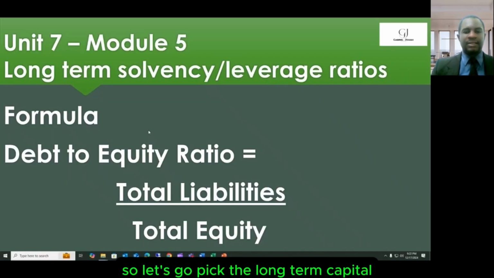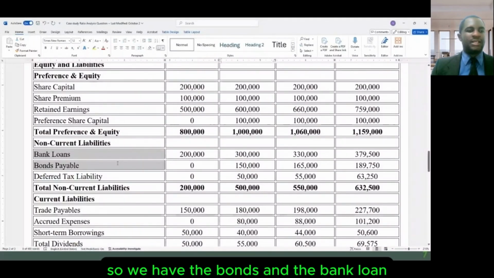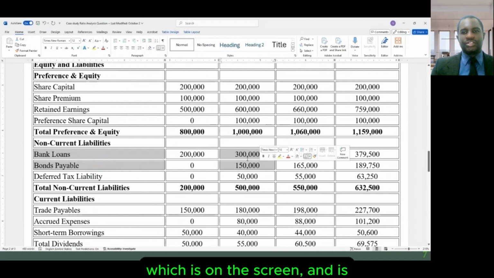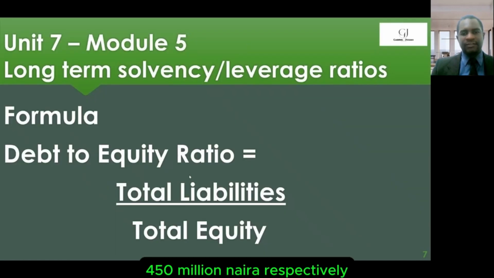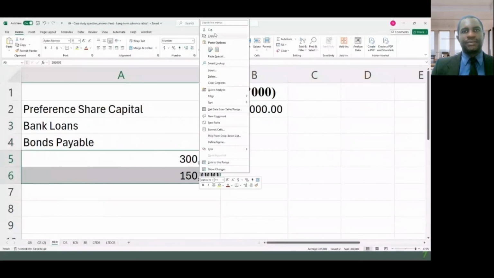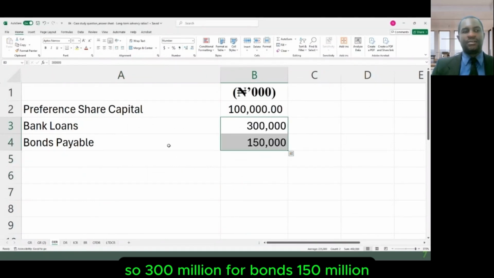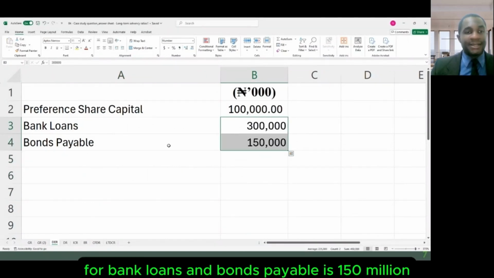So let's go pick the long-term capital. So we have the bonds and the bank loan, which is on the screen, and it's 450 million naira respectively. So 300 million for bank loans, I beg your pardon, and bonds payable is 150 million.